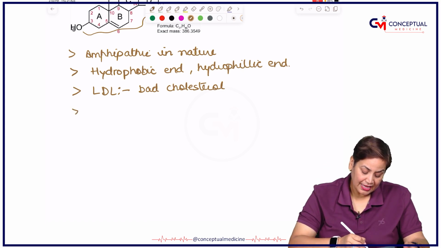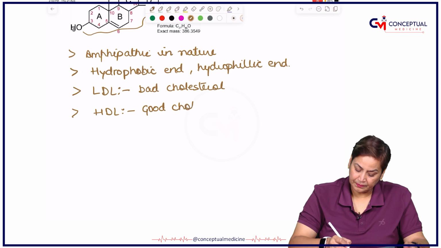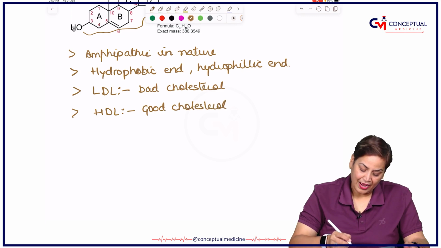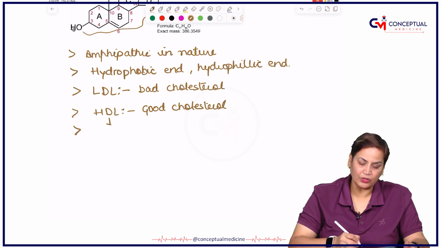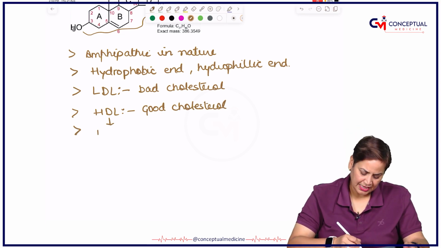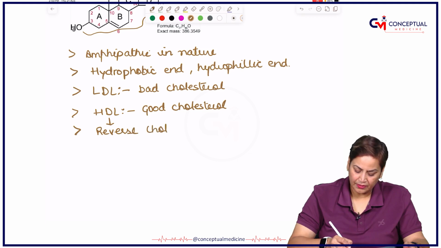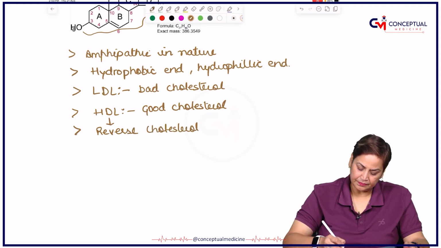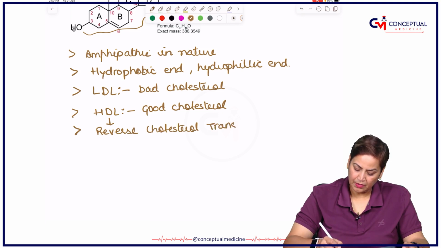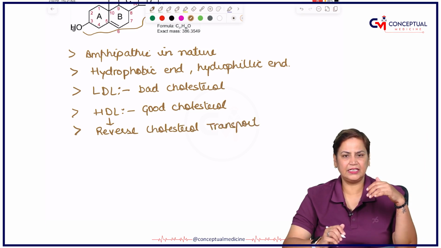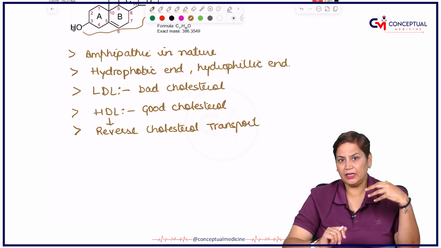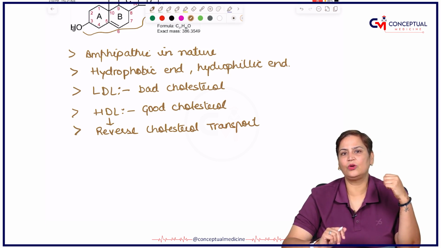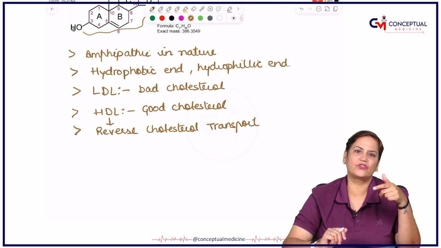On the contrary, HDL is known as good cholesterol. Why? Because HDL is responsible for a very important process known as reverse cholesterol transport. As the word suggests, reverse means the opposite: HDL does not let cholesterol be deposited in the extrahepatic tissues.